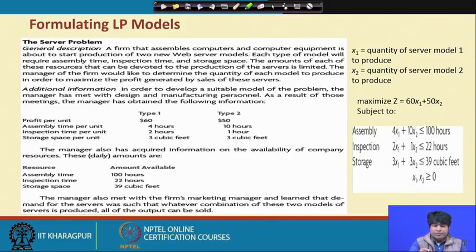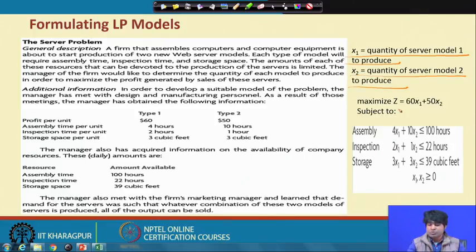So, you see here, x1 is the quantity of server model 1 to produce, and x2 is the quantity of server model 2 to produce. That means we have 2 models, model 1 and model 2, which is the output of this particular business, the component through which the entire operation will be looked at.